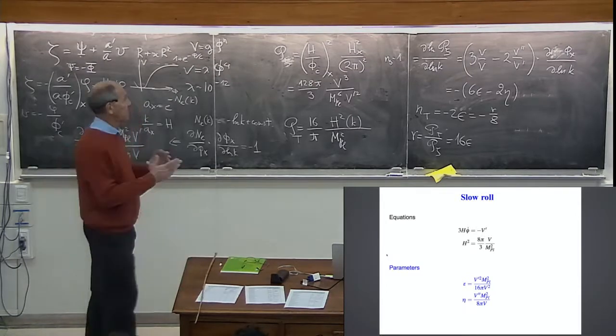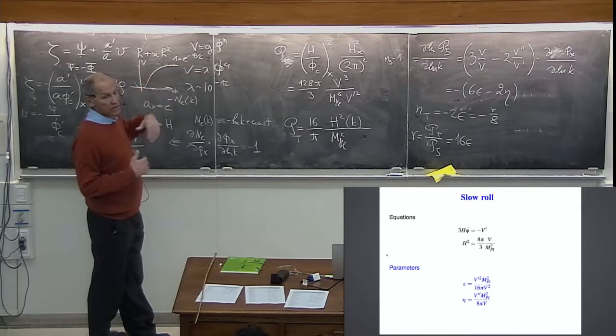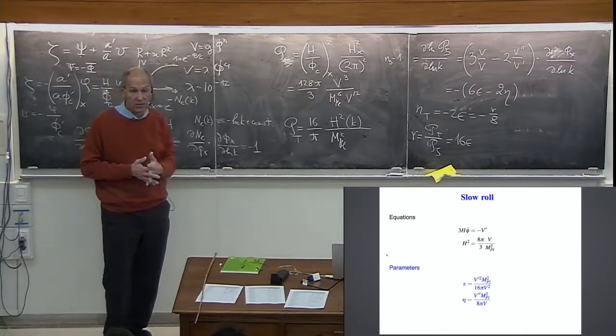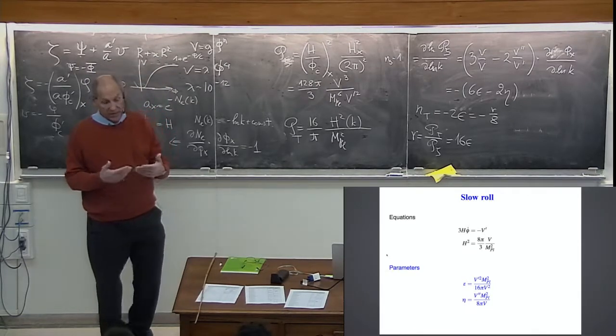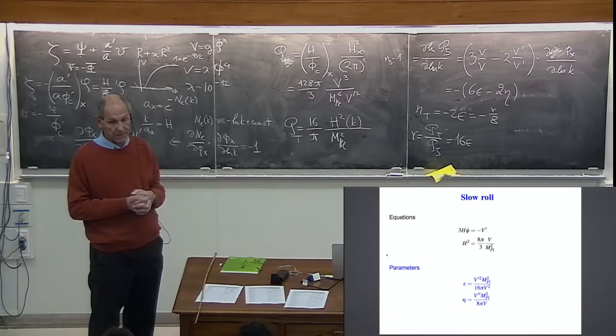In other words, we can reshuffle from f of R theory to a scalar theory with the Einstein term, but with specific interactions with the standard model matter. It all transforms into interactions with the standard model matter. Okay, thank you.